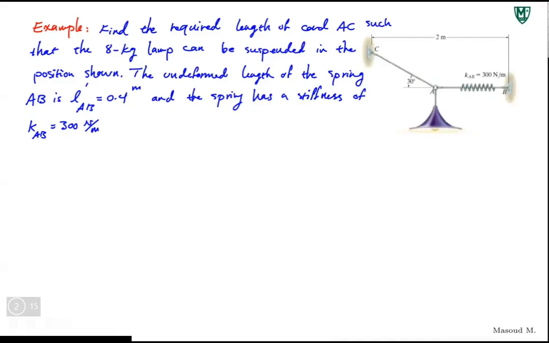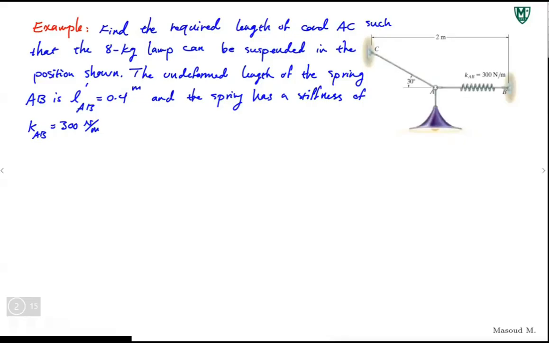Now, where should I start when I'm given a problem? Remember, I mentioned in the last class, the rule of thumb is that you start from the part or point that you have been given information about.